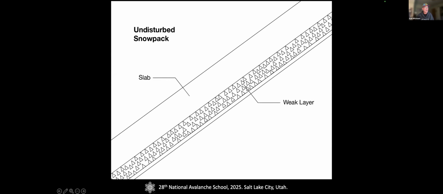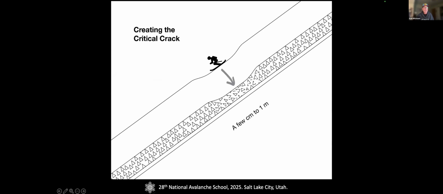We start out with an undisturbed snowpack, and then let's say we put a skier or a snowboarder or a snowmobiler on it, and that person bends the slab and then breaks the weak layer over a critical length. Now, that critical length can be up to maybe around a meter is what we think. We don't know for sure, but that's about what we think, around a meter or less, sometimes much less.